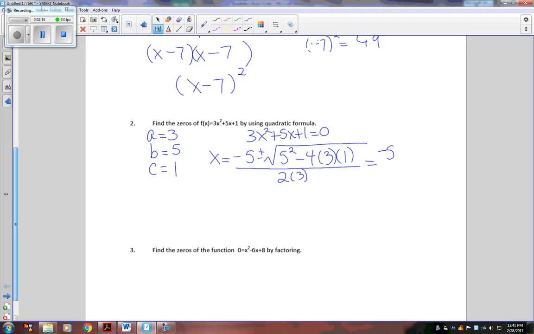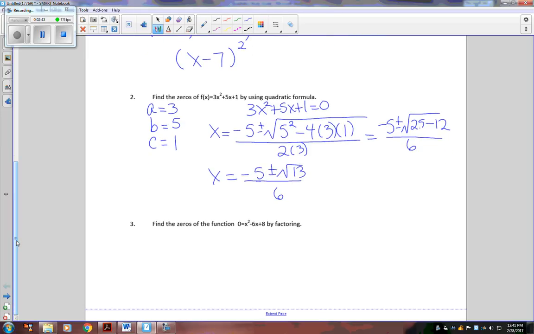So just bring the negative 5 over, as well as the plus or minus, and the 2 times 3 is 6 in the denominator. Now, 5 squared is 25, and negative 4 times 3 times 1 is negative 12. Now subtract 12 from 25, and you get negative 5 plus or minus the square root of 13 all over 6. Pause the video and do number 3.